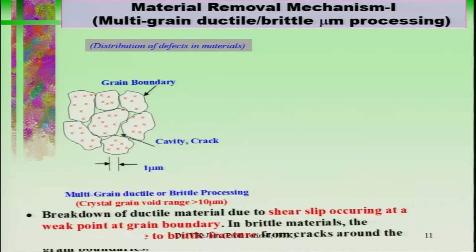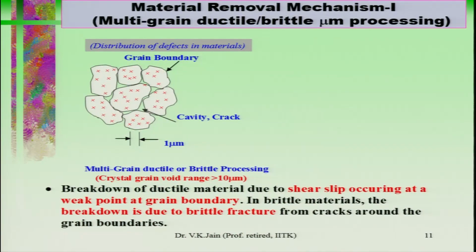Now, you can see here a very interesting phenomenon, distribution of defects in the materials. Here cavity is the defect, grain boundaries are there, and it gives some idea of the size of the grains. You can see multi-grain ductile or brittle processing can be done. Breakdown of ductile material is due to shear slip occurring at a weak point at grain boundary.